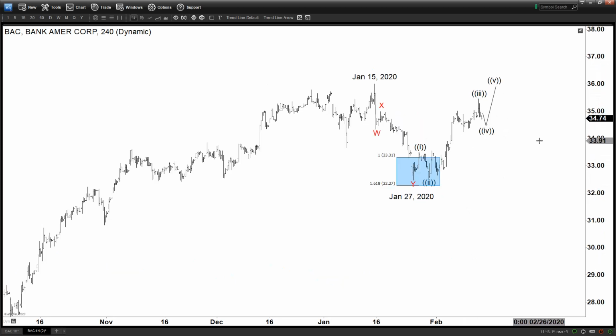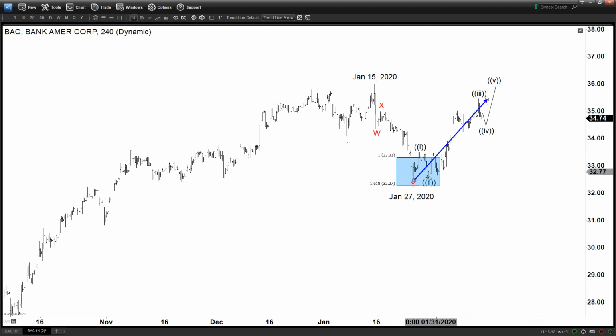Now what can be the alternate here? Well, the alternate could be that we are ending the 5 waves here, right? I think that will be the alternate. We are ending the entire 5 waves already. Now if we are ending the entire 5 waves, then the pullback is not just going to be a wave 4 pullback, but it's going to be a pullback that corrects the entire rally from January 27, right?